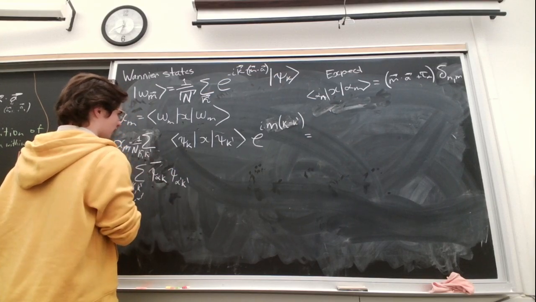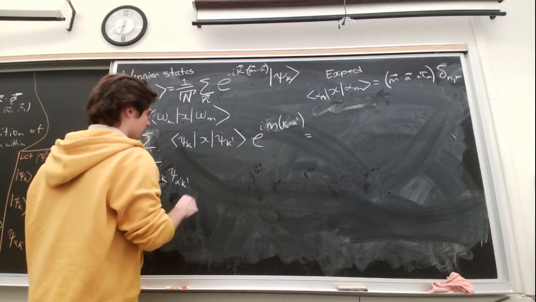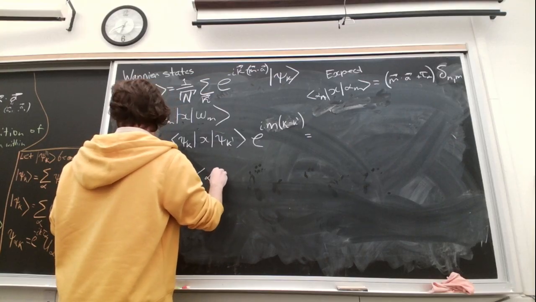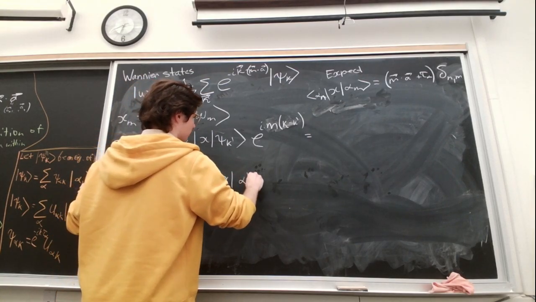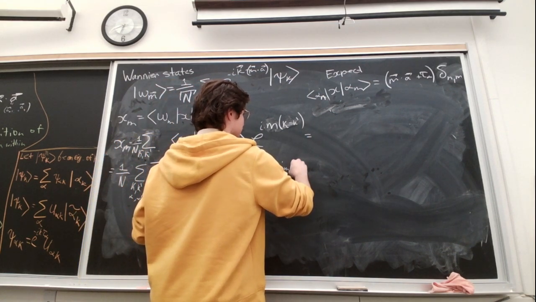This one has a bar. Good. And then I have alpha k, x, alpha prime k prime. Okay, and then I still have this phase factor.